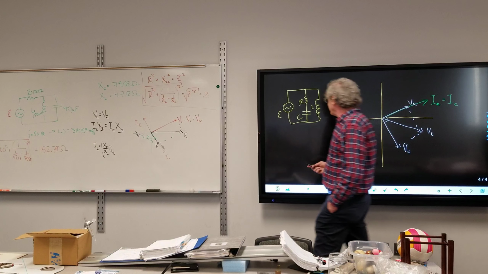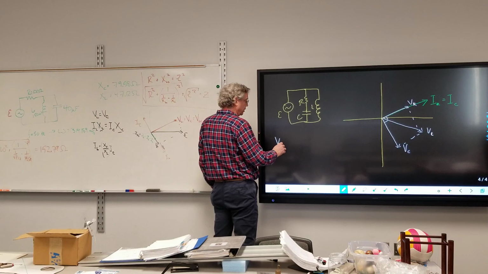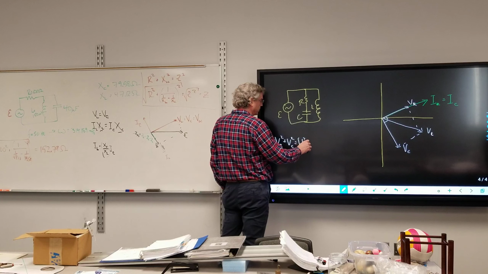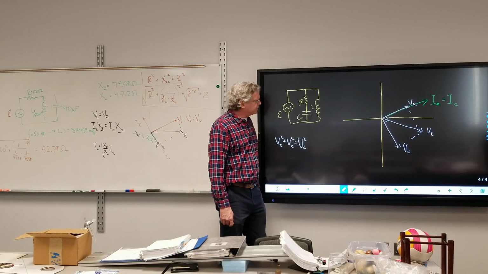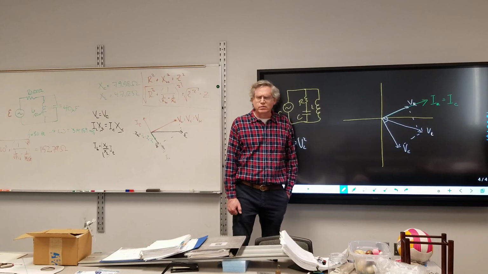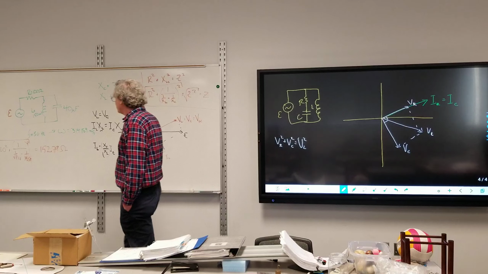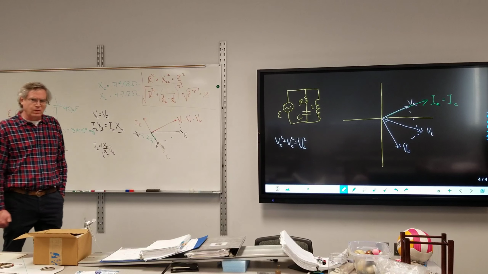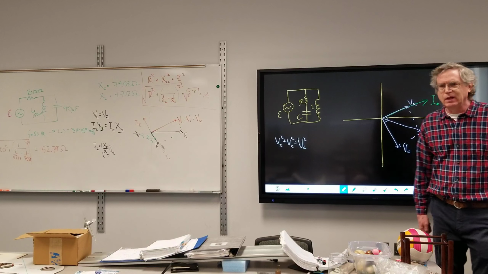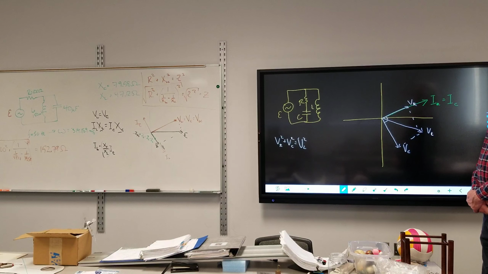So we have a mathematical relationship here between the voltages: VR squared plus VC squared equals VL squared. So I'm missing three phasors. We have the voltage for the inductor and the current, no, the voltage leads by 90 degrees, right, for an inductor.